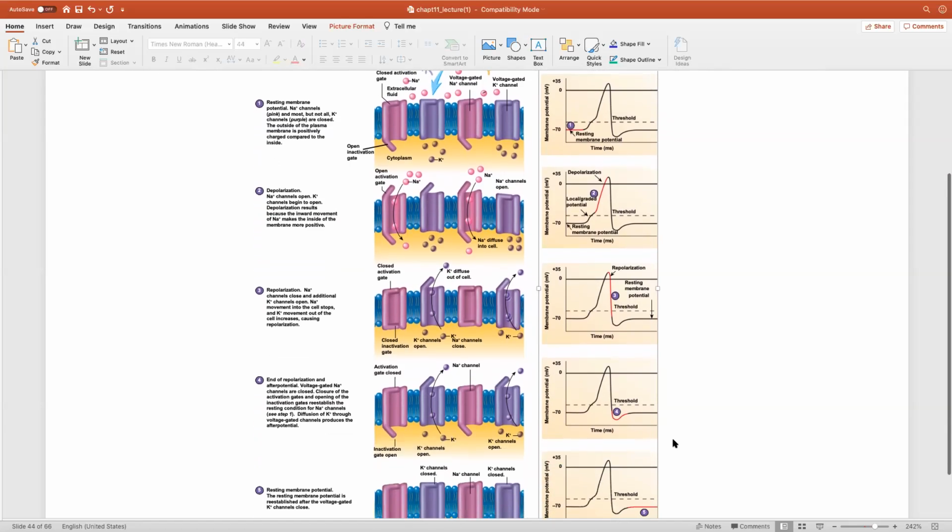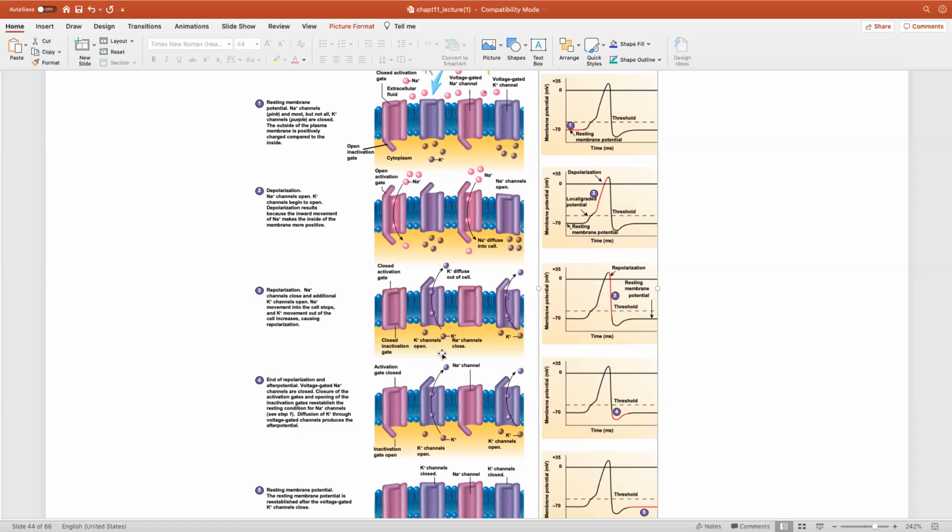Now, in neurons, we have this hyperpolarization phase, where the voltage-gated potassium channels stay open slightly too long, right? So it should be at -70, and then the voltage-gated potassium channels close. But what happens is these voltage-gated potassium channels open and stay open slightly too long, and too much potassium exits.